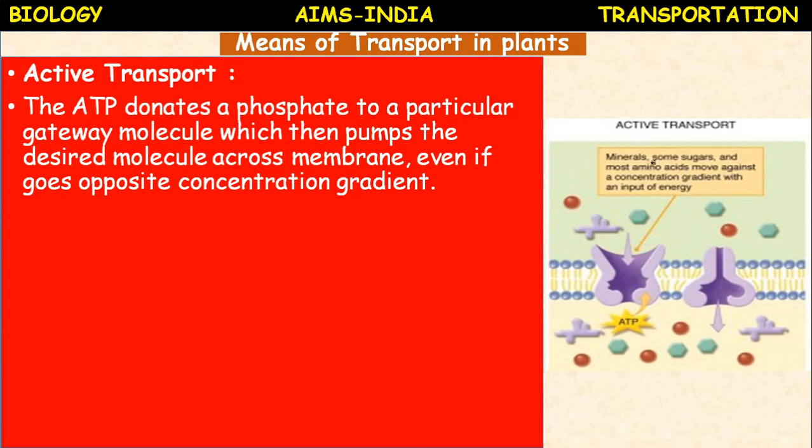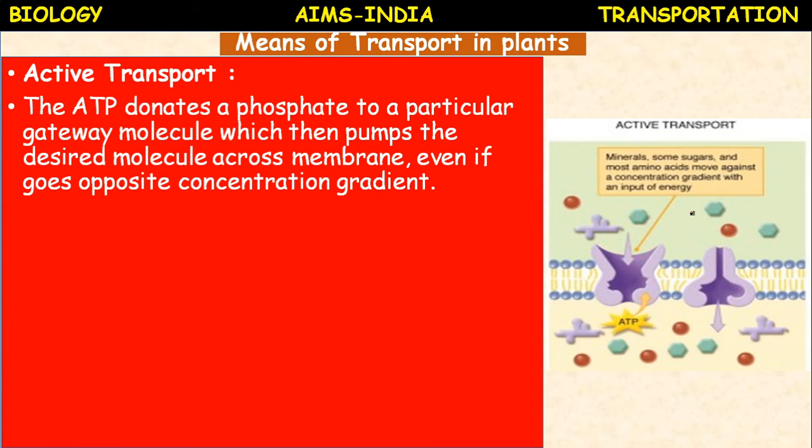Here the minerals, some sugars and most amino acids move against a concentration gradient with an input of energy. So when the energy is used, these molecules are passed through the membrane. So this kind of transport is called active transport. Only you remember, the transport which takes place by the utilization of energy is called active transport.